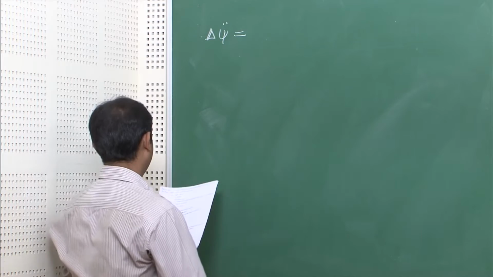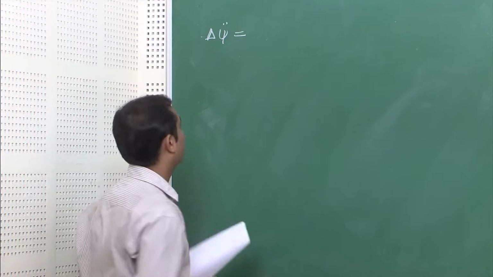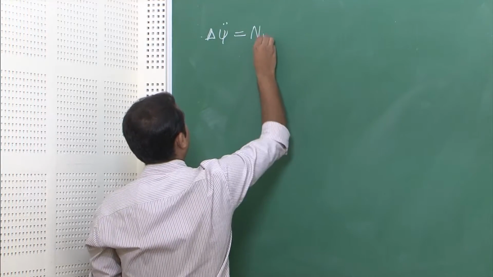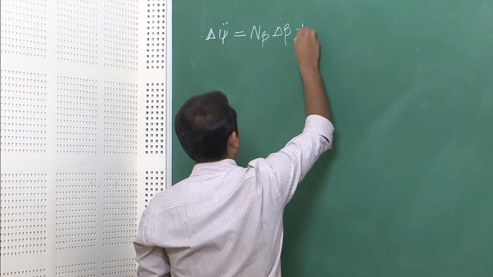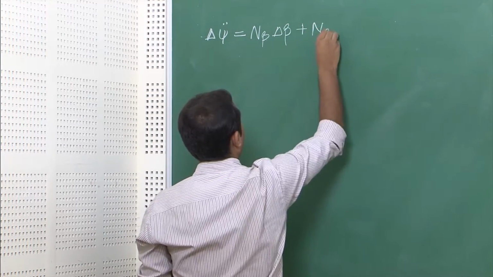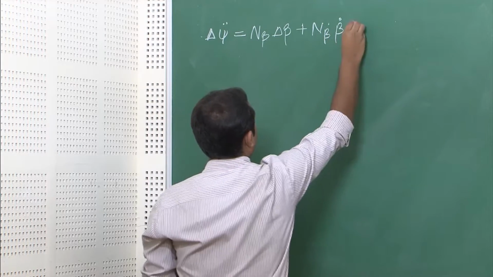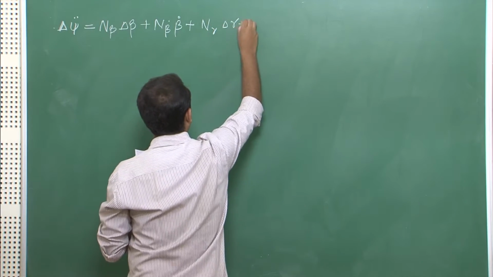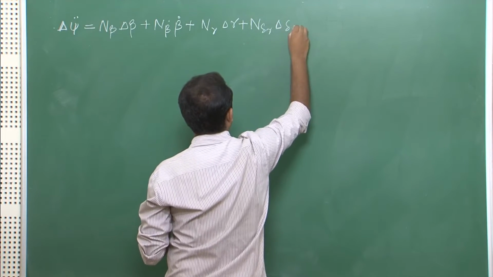The differential equation with respect to yawing motion was delta psi double dot equals n beta into delta beta plus n beta dot into delta beta dot plus n r into delta r plus n delta r into delta of delta r.